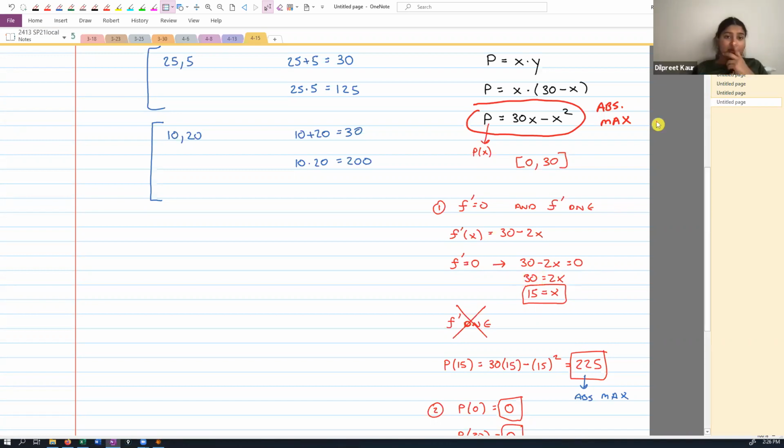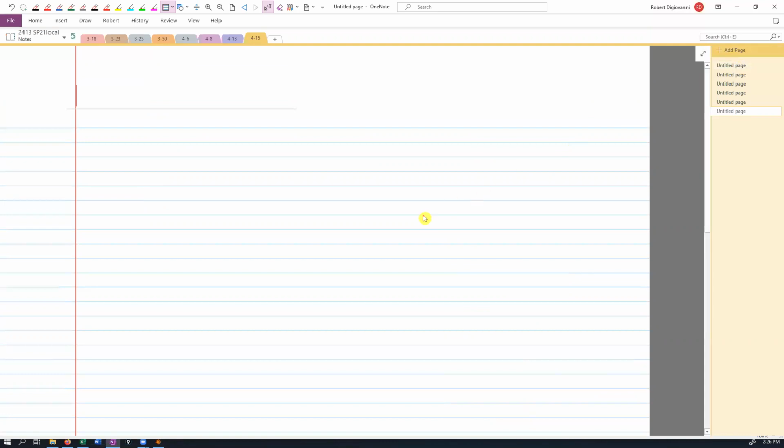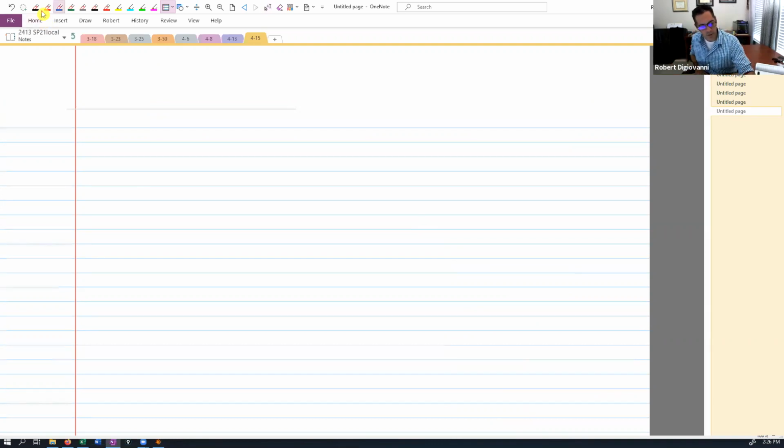Hey, Professor, can we do an example with ln? You want something with natural log? Yes. Okay, how about this one? How about if we take the function f of x equals the natural log of x squared plus 3x plus 4.